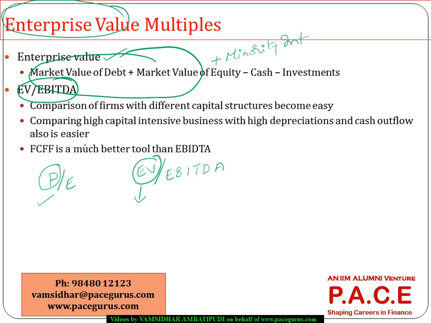So this ratio is an enhanced version of P by E, where P by E focuses only on the equity investors, whereas this focuses on all sets of investors. Price is the price per share, purely from an equity investor standpoint, whereas enterprise value includes the market value of debt and equity, which means it focuses on the entire firm, not just the equity investors.